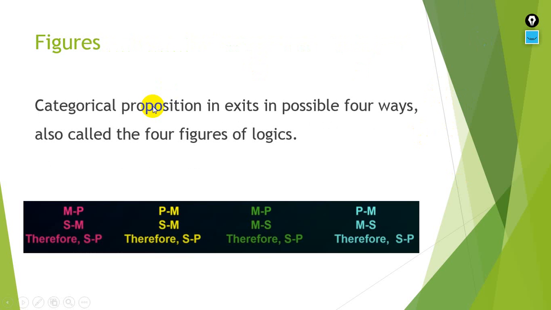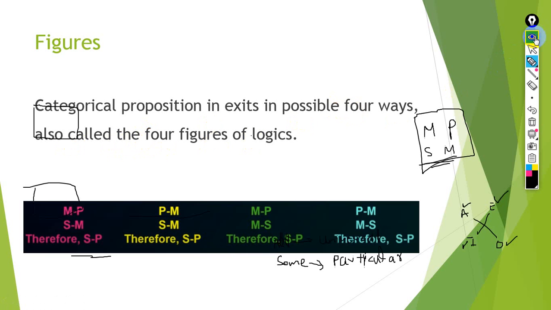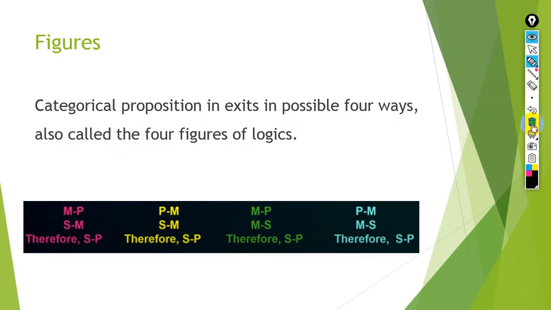Here we have different arrangements of the middle term, minor term, and major term in figures. Categorical propositions exist in four possible ways, also called the four figures of logic. So here we have four ways in which we are arranging the minor, major, and middle term.